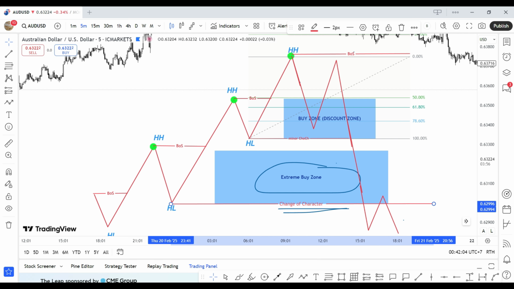Okay, so now we understand the relation between the extreme trading zone and the potential change of character, and that when the price breaks the recent higher low, that confirms just a minor change of character, considering that the market is retracing to reach the extreme trading zone.